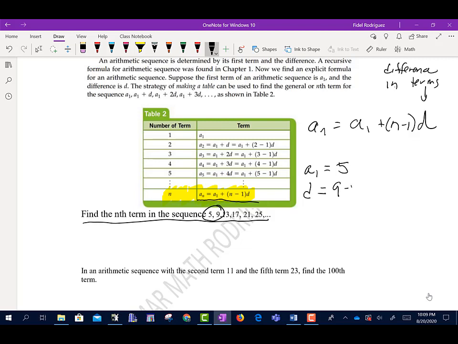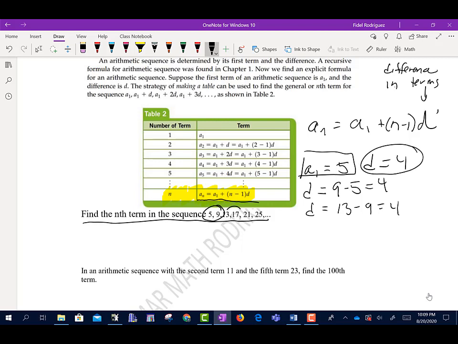We're going to take the second number minus the first. 9 minus 5 is 4. And we can do that a few times if we want to. We can do 13 minus 9. Notice still 4. If I take 17 minus 13, still 4, and so on. So we know that the first term is 5, and the difference in the terms is going to be 4.